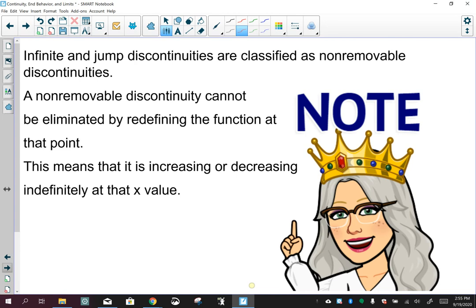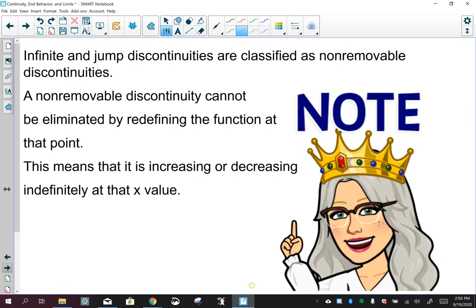So you will hear infinite and jump discontinuities sometimes classified as non-removable. Basically, what that means is you cannot remove the actual point. Removable only happens when you have a hole, because you're literally canceling out something from the bottom and the top of this fraction to get rid of that specific point. So that's your removable.